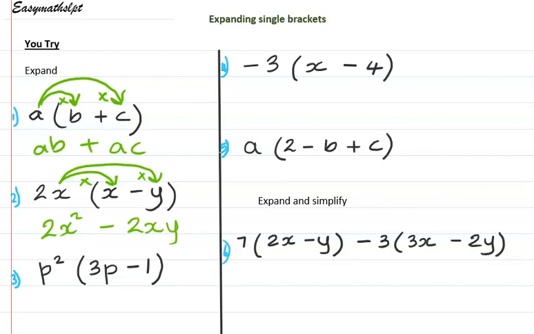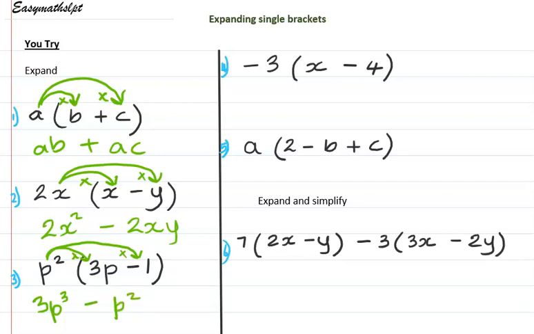The third one, we have p squared multiplied by 3p, which gives us 3p cubed, or 3p to the third power, and p squared multiplied by negative 1 gives us negative p squared.